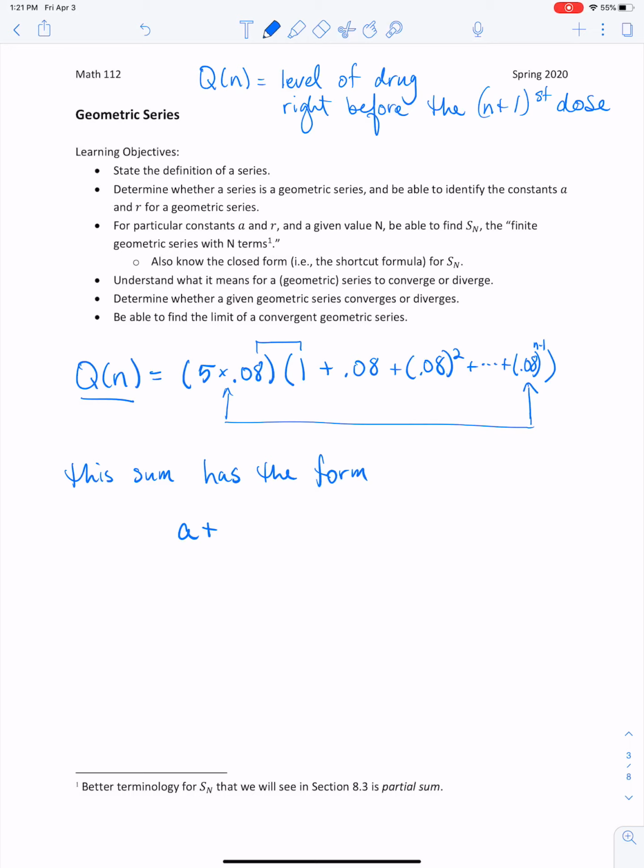A plus AR plus AR squared plus, plus A times R to the n minus 1, right?